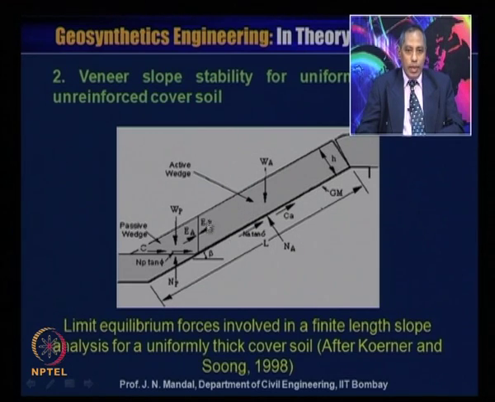Similarly, E_P is the interwedge force acting on the passive wedge from the active wedge, in kilonewtons. So, these are the limit equilibrium forces acting in a finite length slope of uniformly thick cover soil.